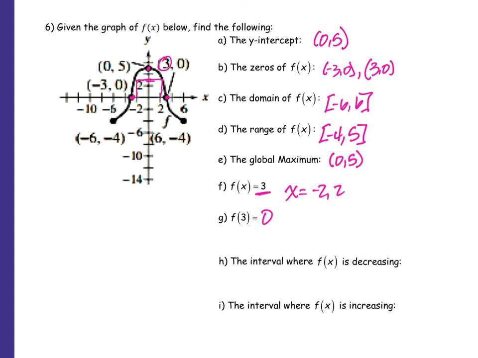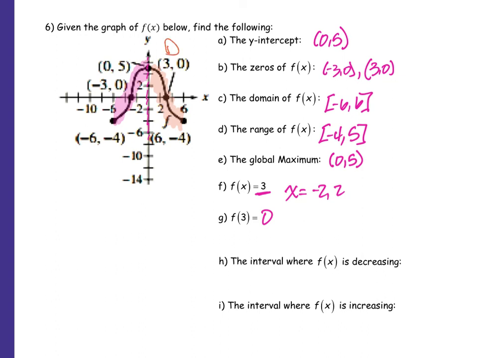So then the next one says, and I'm going to erase this, the interval where it's decreasing and increasing. So I'm going to mark up my graph. Okay, let's try this again.